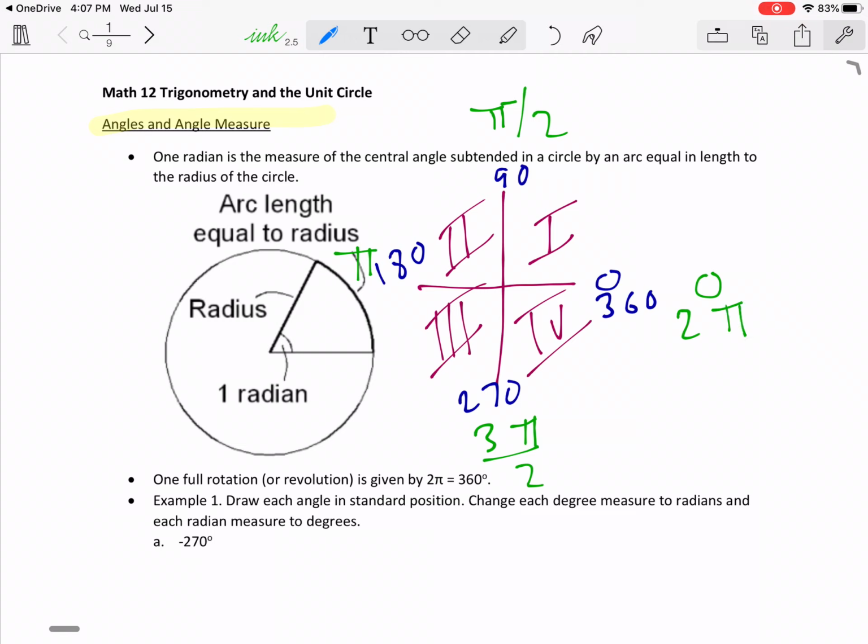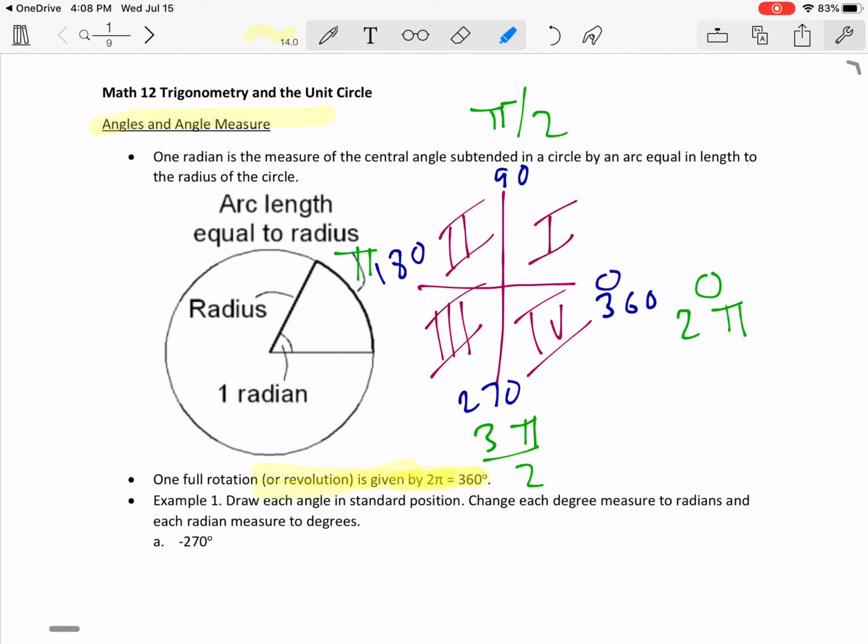Again, it still goes counterclockwise. So one full rotation in terms of angles is 360 degrees, and in terms of radians is defined as 2 pi. One full rotation or a revolution, whichever way you want to describe that.